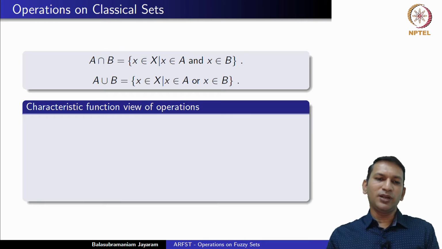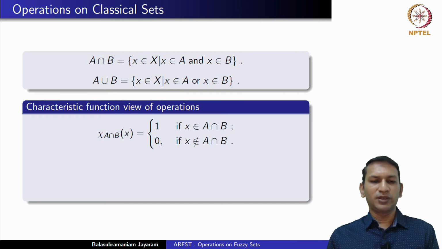We can also look at the intersection and union from the point of view of the corresponding characteristic functions. Let's look at this. The characteristic function of A intersection B would look like chi of A intersection B of X is 1 if X belongs to A intersection B, 0 otherwise.